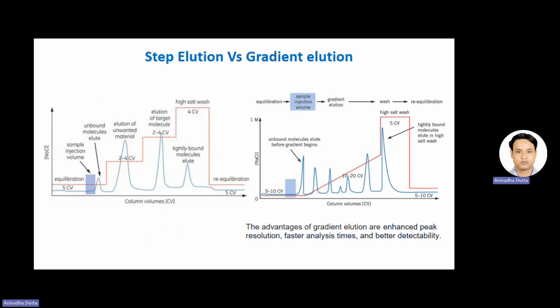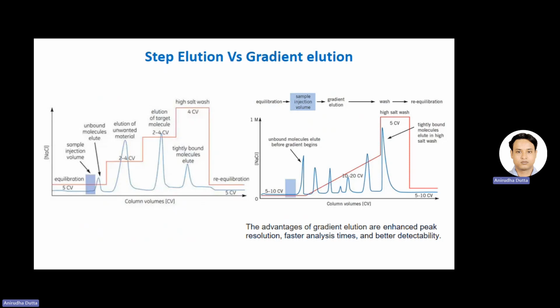The majority of our FPLC systems that we use for protein purification have two pumps and can produce a gradient. So one pump we connect with 0 millimolar imidazole containing buffer, and another pump we connect with maybe 500 millimolar imidazole containing buffer.